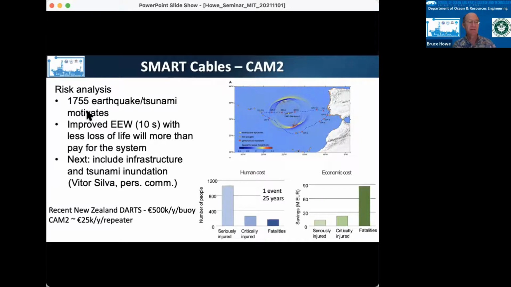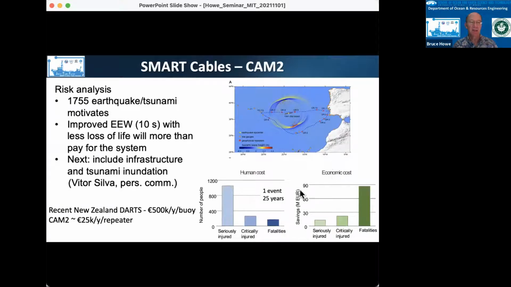Again, the 1755 earthquake. So simulations basically of earthquakes. And then in this case, Vitor Silva has simulated how many lives would be lost without early warning for earthquakes, and then how many lives would be saved by adding even tens of seconds of earthquake warning.